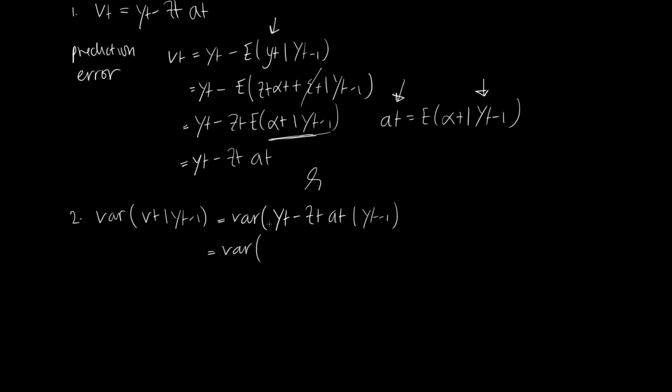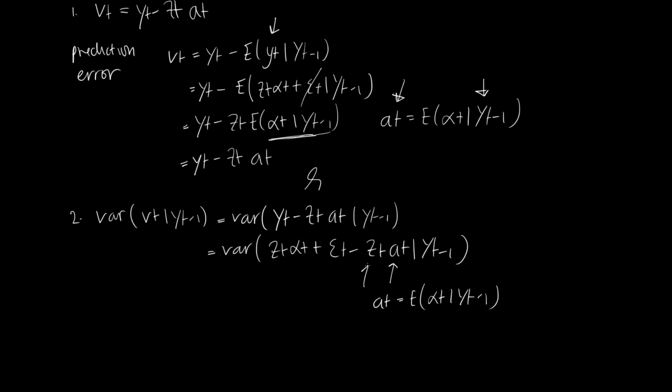Plugging in the model, the variance of Z_t alpha_t + epsilon_t - Z_t a_t given y_{t-1}. But a_t is defined as the expected value of alpha_t given y_{t-1}, so that part is known in this information set, and we can disregard it.